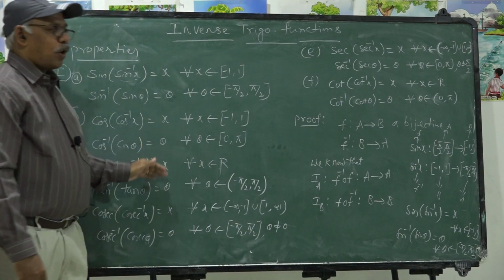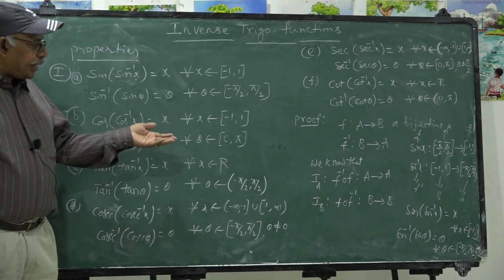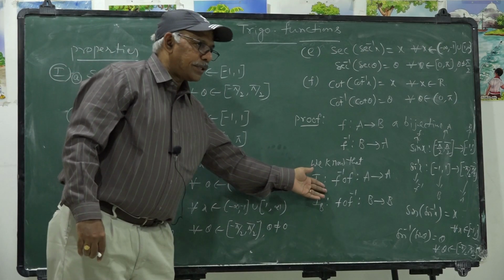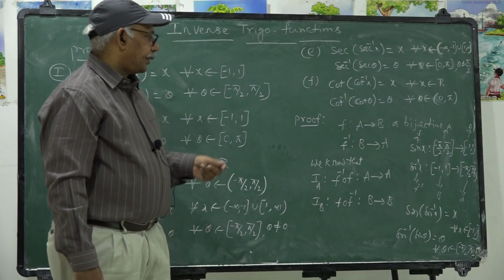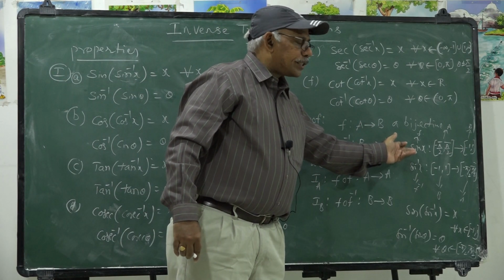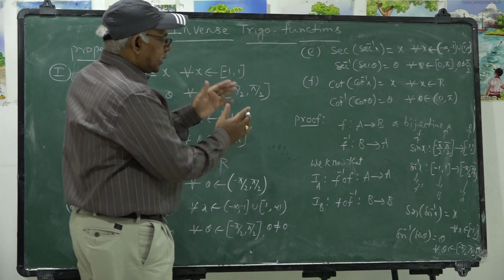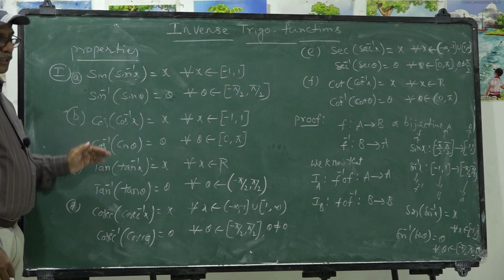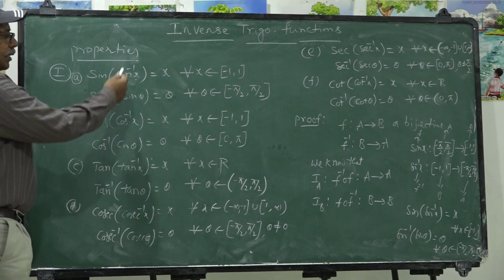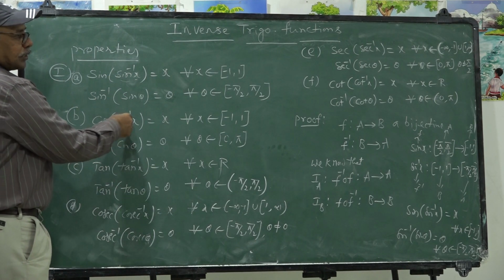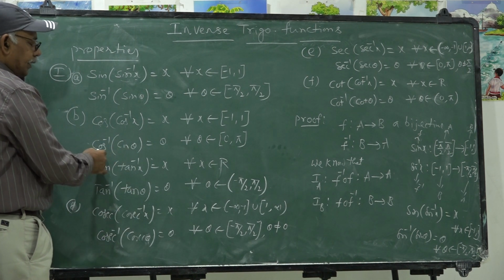So, all these properties are nothing but immediate consequences of the composition of mappings concept, f and f inverse composition. Taking one trigonometric function as f and its inverse function as f inverse, you can apply the same concept to the other trigonometric functions also, which gives us these different properties. Cos of cos inverse x equals x. Here this is f inverse and this is f, and this is f and this is f inverse.